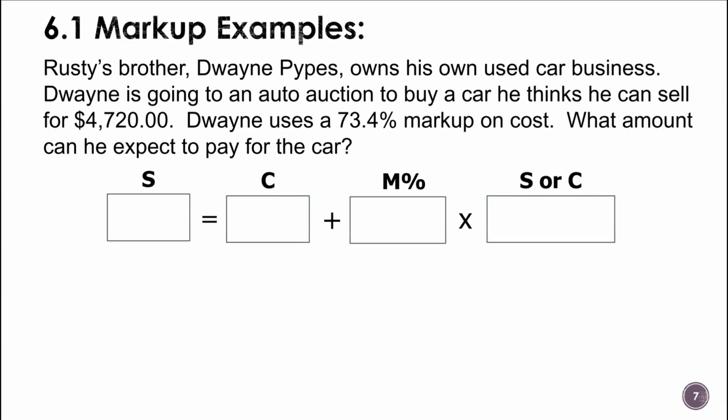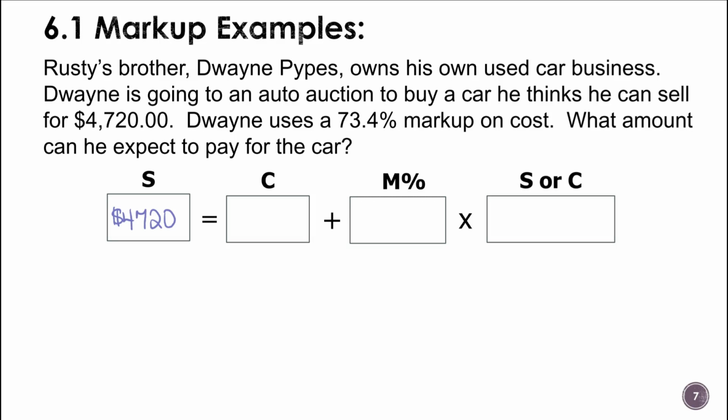All right. Rusty's brother, Dwayne Pipes, owns his own used car business. Dwayne is going to an auto auction to buy a car he thinks he can sell for $4,720. So he thinks he can sell it for the $4,720. That means that we know the selling price again. So that's going to be my $4,720. And he uses a 73.4% markup on cost.